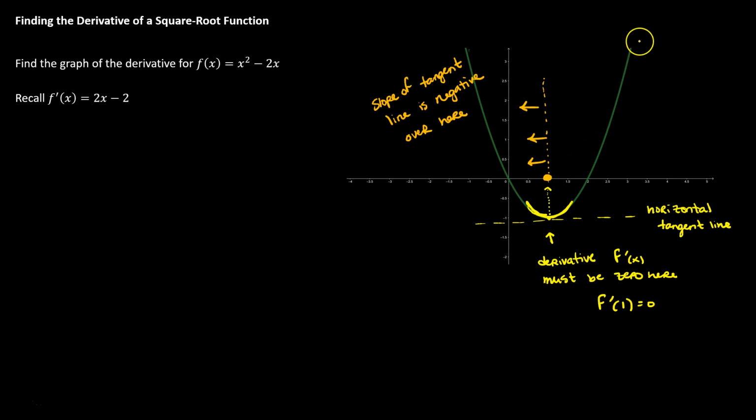We noticed that on the right side of that vertex our tangent lines had positive slopes, which means to the right side everything should be greater than 0.